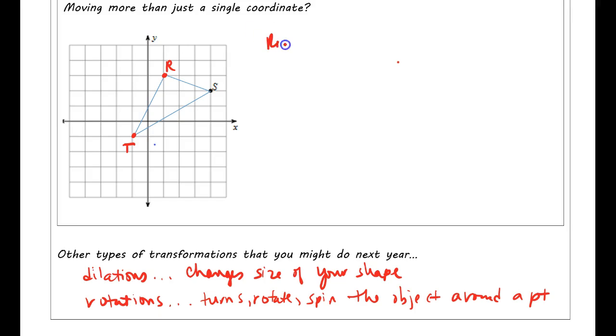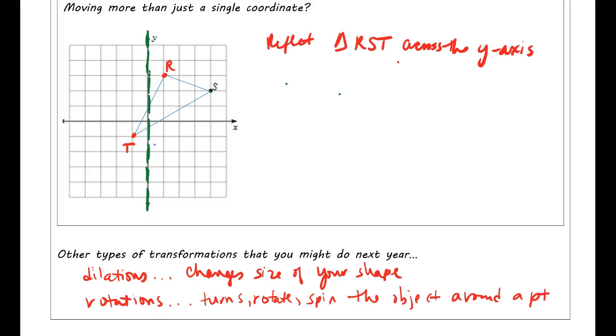Maybe it's going to say reflect triangle RST across the y-axis. Okay? So what you're going to have to do is be careful. You're just going to want to do this one point at a time. The first thing I'm going to do is put a line across my y-axis so I can see what I'm actually trying to reflect across. And just look one at a time, okay?